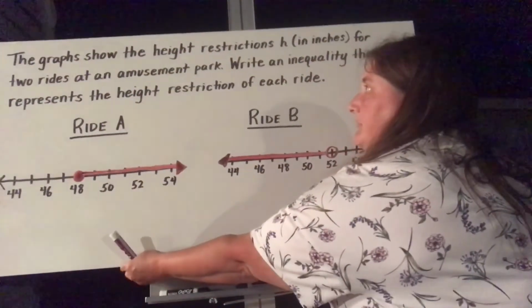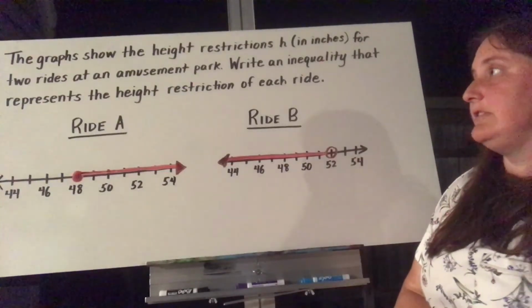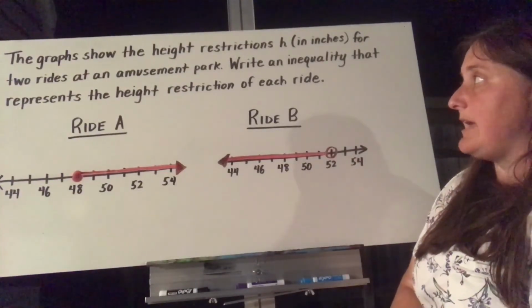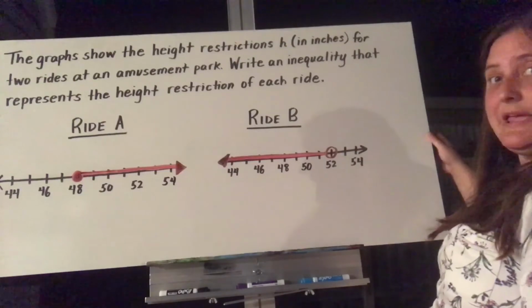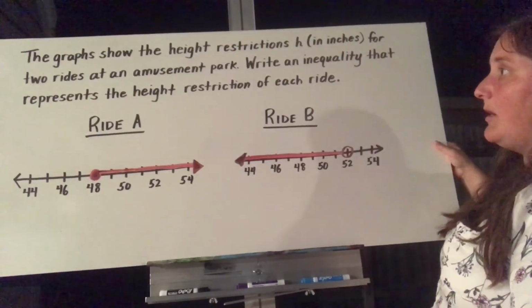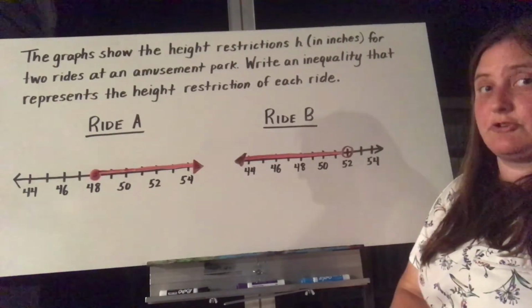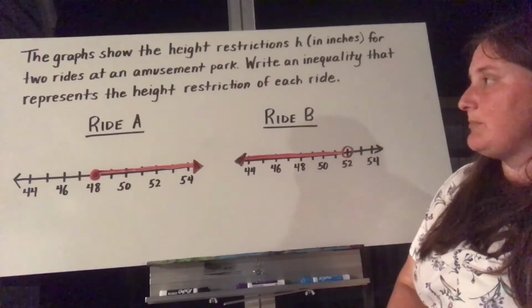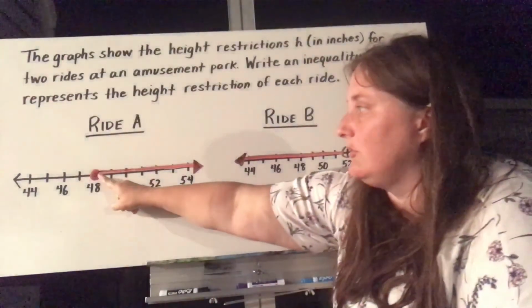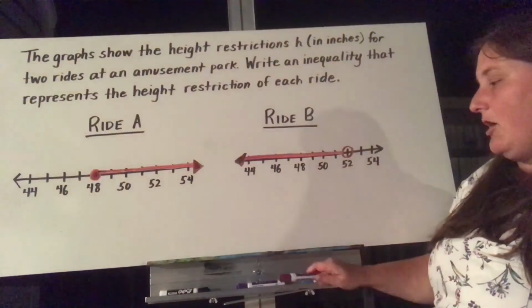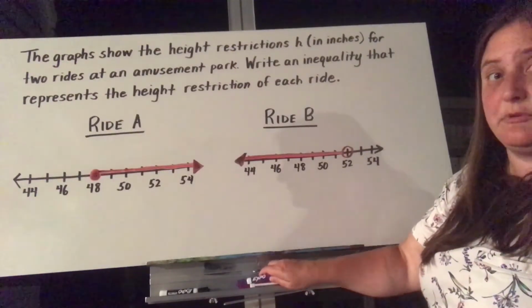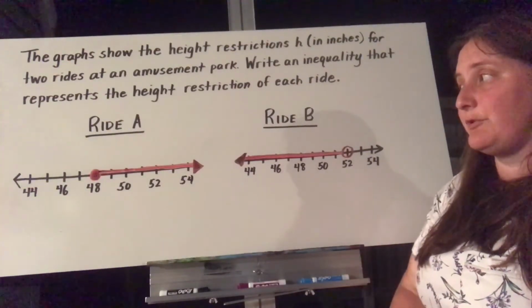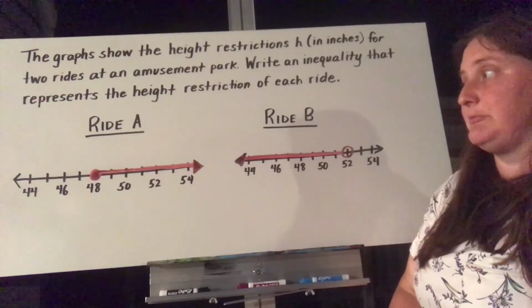This time we actually have some graphs that are showing height restrictions in inches for 2 rides at an amusement park. And we're being asked here to write an inequality that's going to represent these height restrictions for each ride. So on ride A, I see that I have a circle here at 48. And I also see that that circle is filled in, which tells me that somebody who is exactly 48 inches can ride this ride.